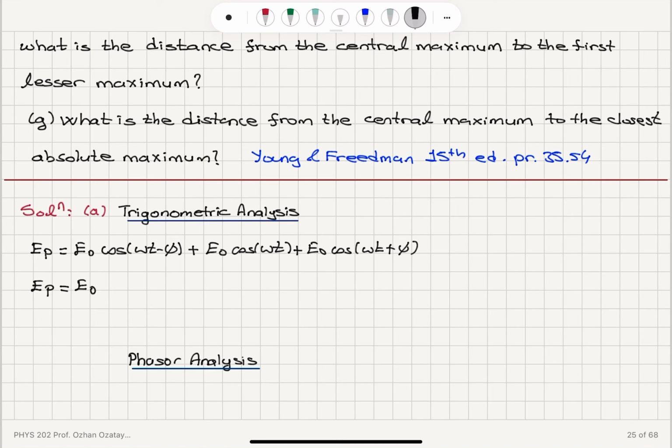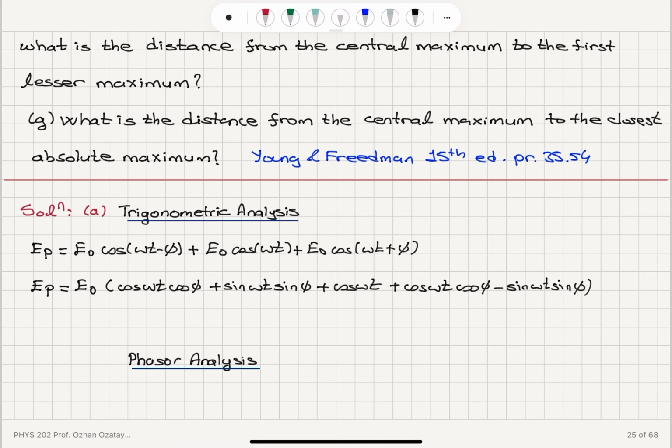So E0 cosine(omega t minus phi) is basically cosine omega t cosine phi plus sine omega t sine phi, and then we have E0 cosine omega t, and then we have cosine(omega t plus phi), which is cosine omega t cosine phi minus sine omega t sine phi.